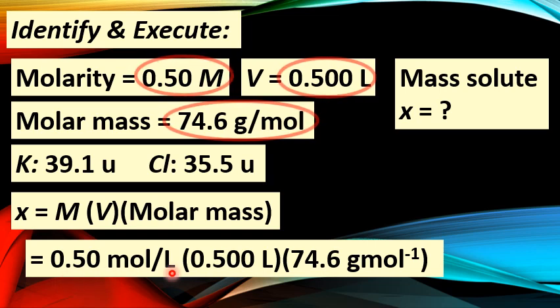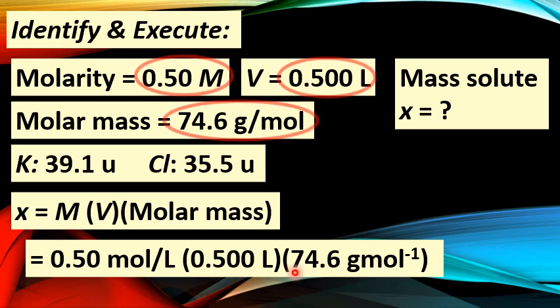0.50 moles per liter. That is the molarity expressed in moles per liter, times the given volume of the solution, 0.500 liters, and then multiplied by the molar mass of the solute or potassium chloride, 74.6 grams per mole.